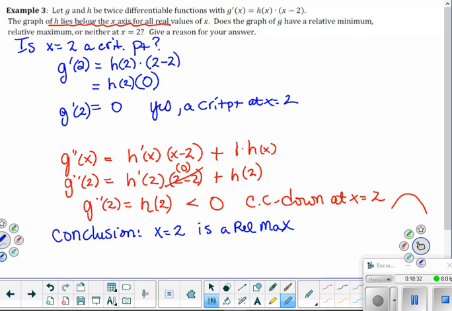Because it is a critical point, let's write it out, because g prime of 2 equals 0, and the other thing that helped us was g double prime of 2 was less than 0. Perfect. I don't have to say at x equals 2 because it is implied in my function notation. All right, loving this, right?